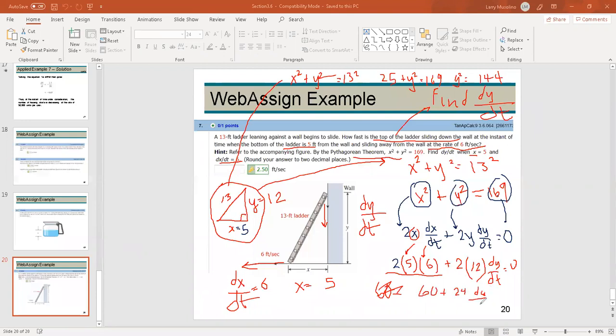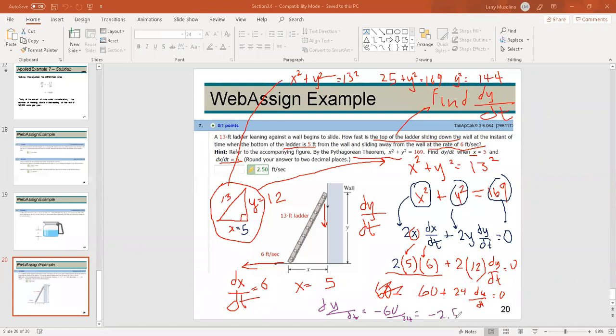And I'll subtract 60 from both sides and then divide both sides by 24. So what I'm going to end up with is dy dt equals negative 60 over 24, which turns out to be negative 2.5.